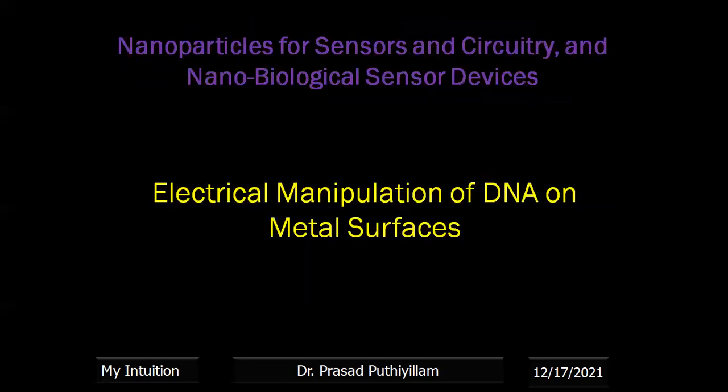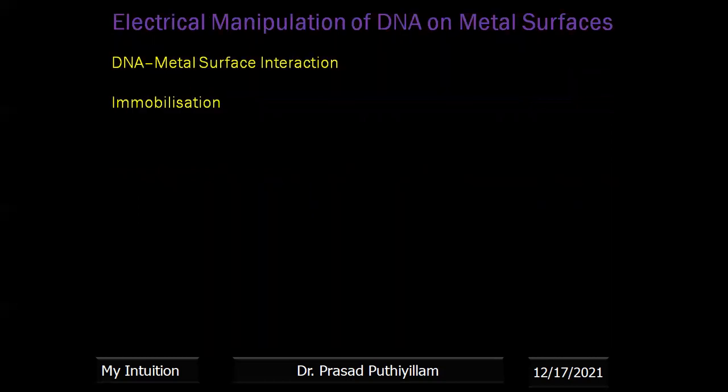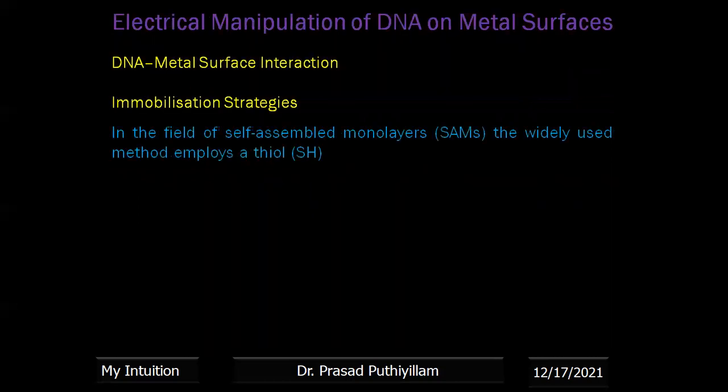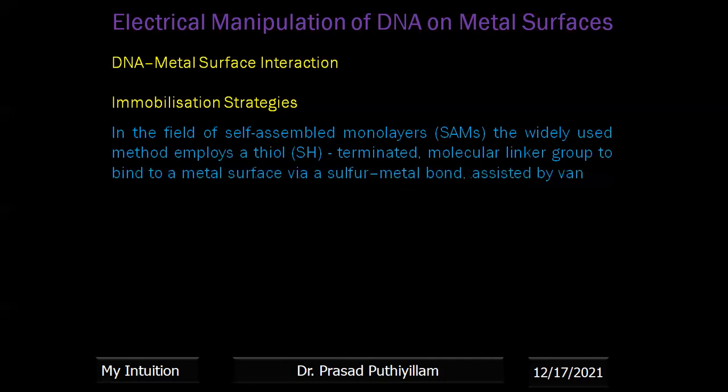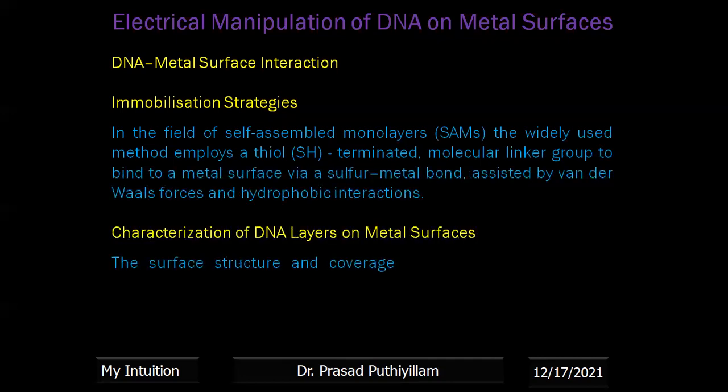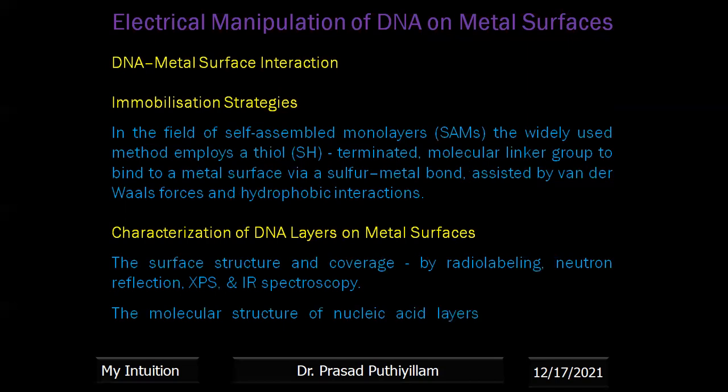Now, the electrical manipulation of DNA on metal surfaces. Electrical manipulation studies on metal surfaces are of great importance, because they give physical support to physical science, molecular biology, or even nanobiotechnology.